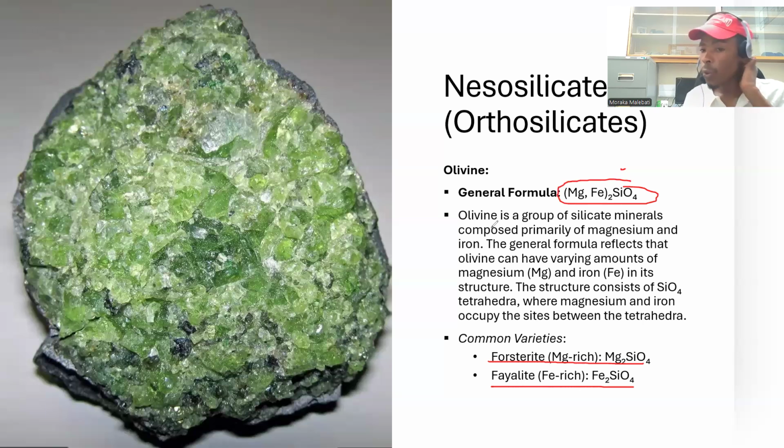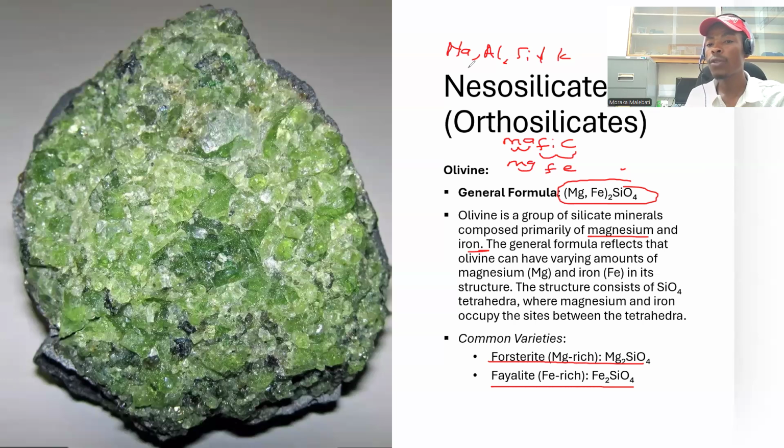Olivine is a group of silicate minerals composed primarily of magnesium and iron, which is why we find this in the mafic rocks, where fic means iron and ma means magnesium. Mafic rocks are those rocks that contain a high amount of magnesium and iron, but lesser quantities of sodium, aluminium, silicon, and of course, potassium.